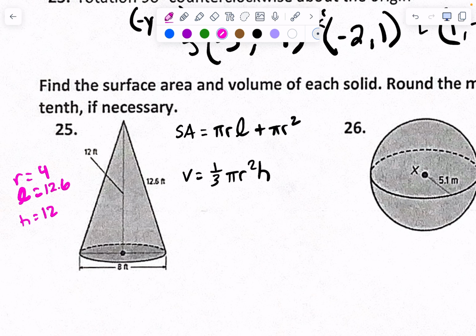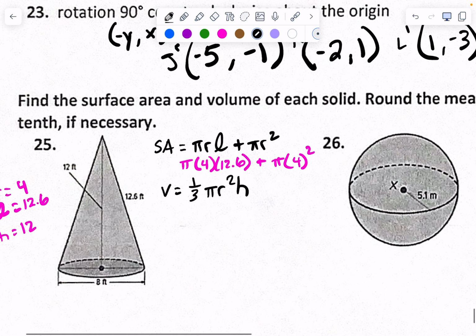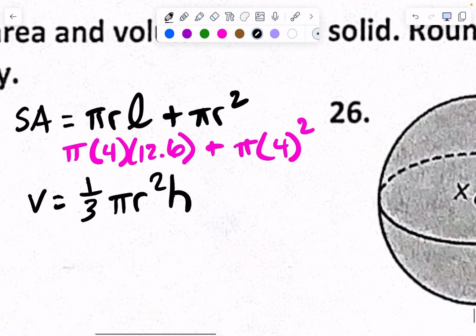Okay, now we're plugging stuff in. So I have pi times 4 times 12.6 plus pi times 4 squared. Now please try to do some of this in your head. Like rather than typing in 4 squared in my calculator, I'm going to type in 16, right? Do some of the work in your head to make it go faster, okay?